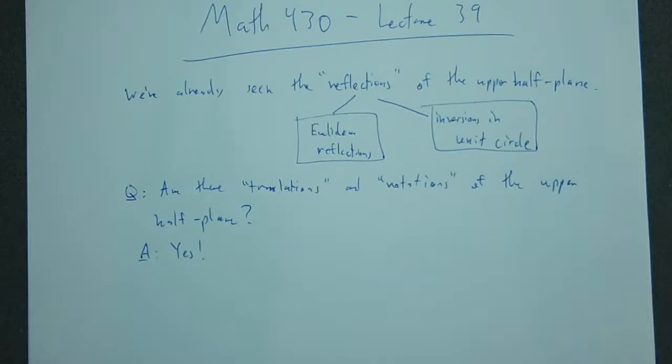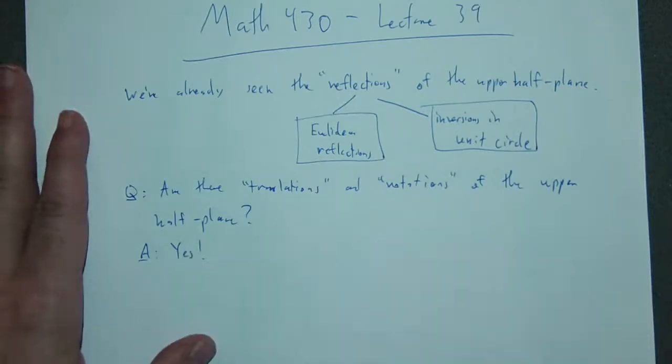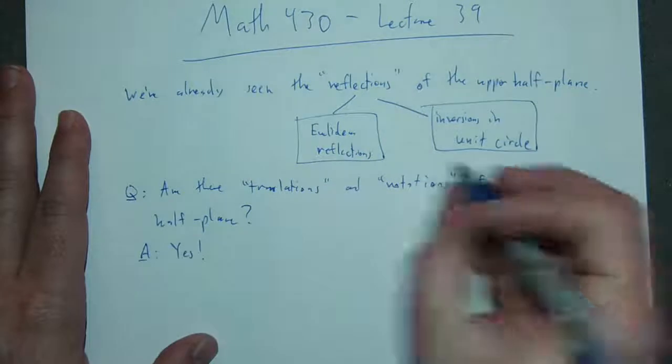But here, they're not. In the Euclidean sense, we had another way we could look at them, which was that both translations and rotations were or could be obtained by two reflections, a product of two reflections. And so we're going to view these in the exact same way.